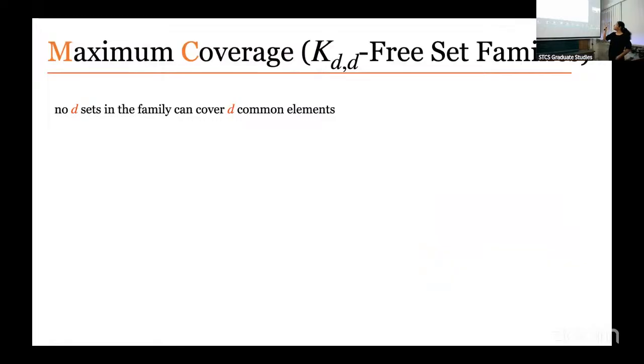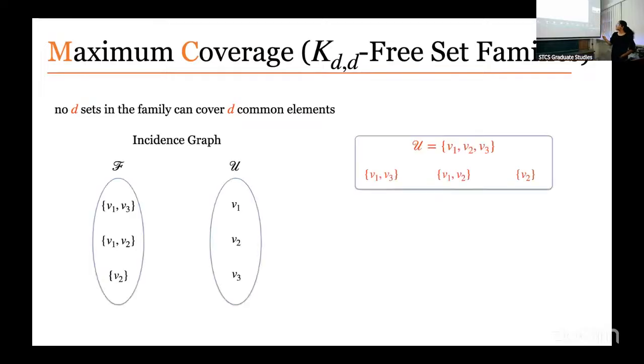So in K_{D,D}-free, at least I find this definition confusing. Let's see this in terms of a graph. We can look at the incidence graph. One side is my family, the other side is my universe, and this is a simple incidence relation. For every set in the family, we have a vertex, and for every element in the universe, we have a vertex.